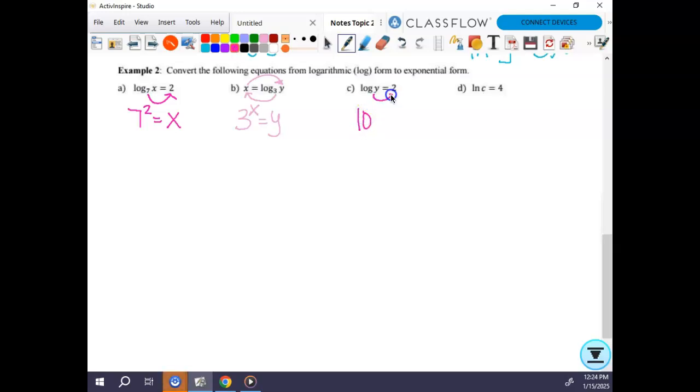So I have 10 to the second power equals y. What's the base for D? E. So e to what power? The fourth, good, equals C. What questions do you have? We good? All sounds familiar, right?